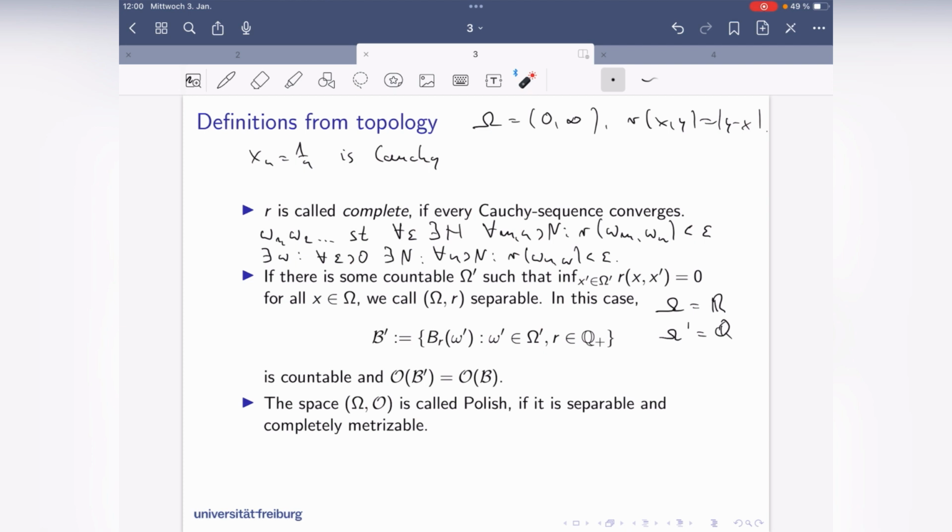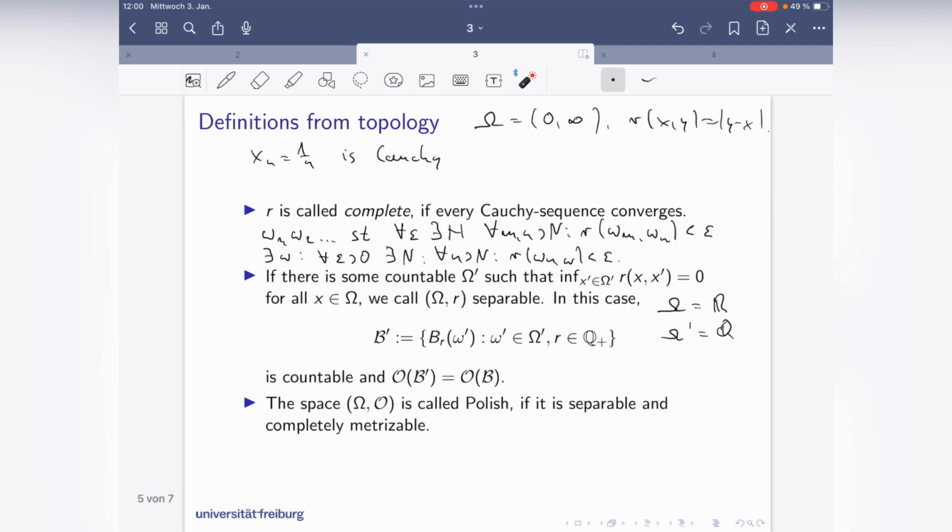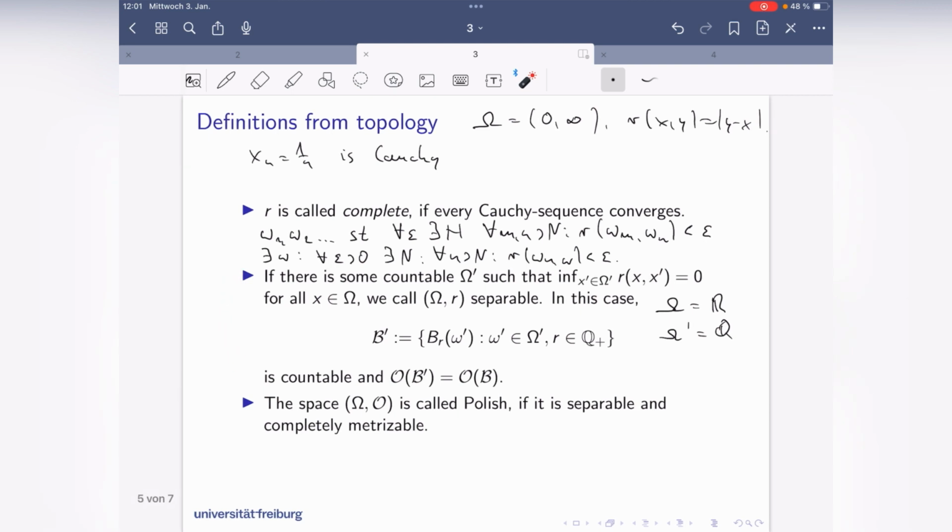For this reason, I can generate the whole topology O of B by sets in B prime, by this countable set. And you remember that sigma algebras require sigma union stability, while topologies require arbitrary union stability. When you have such a separable situation, a dense countable subset, there's no difference because it can generate every open set by a countable union of sets, like I say here.